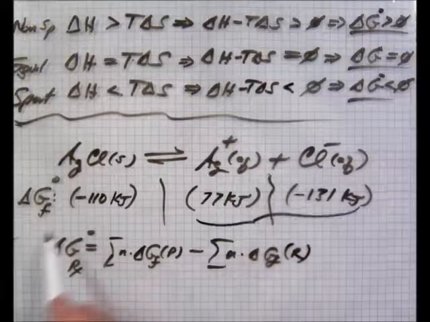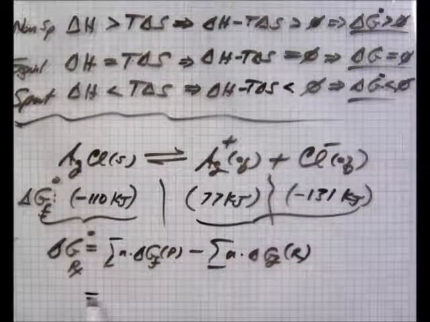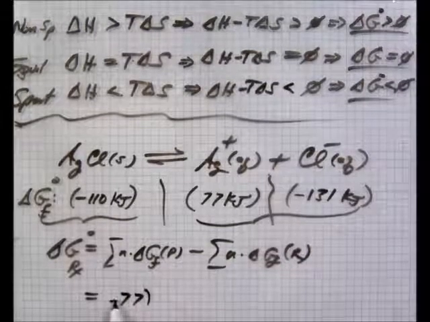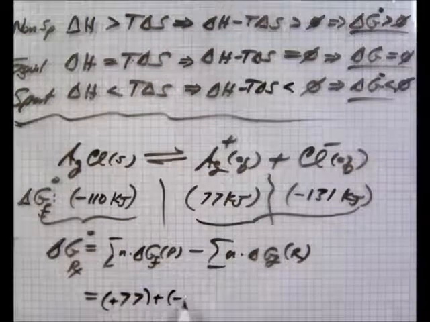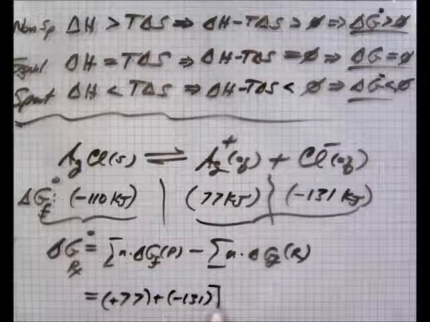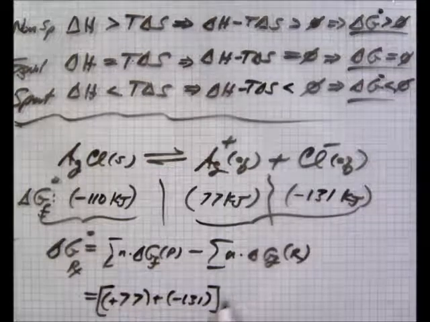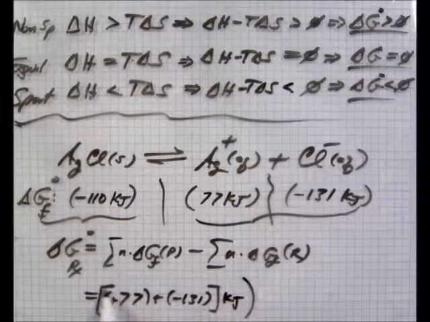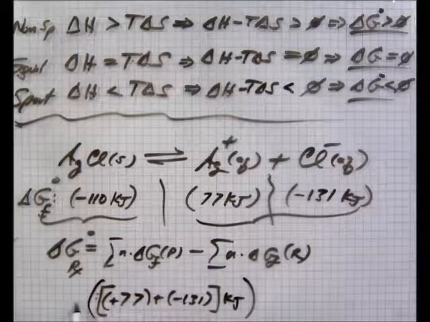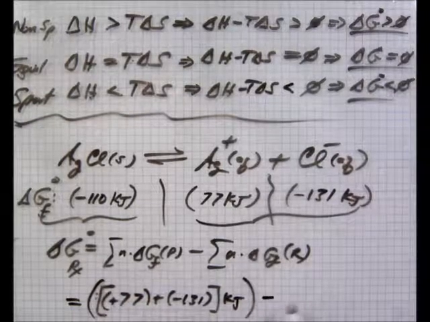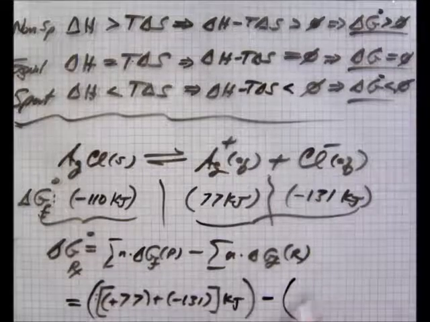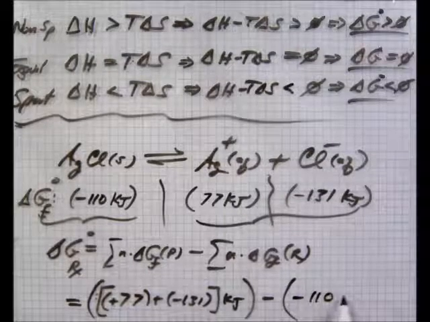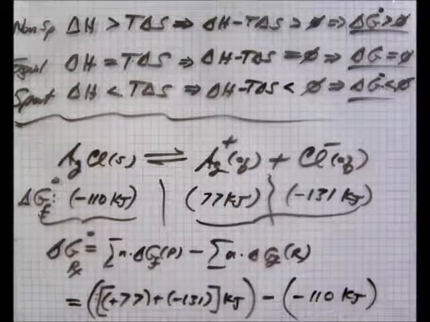So the products are 77 plus a minus 131, and that's in kilojoules, minus reactants, which are a minus 110 kilojoules.